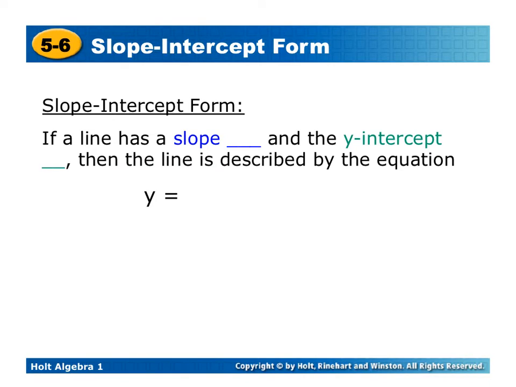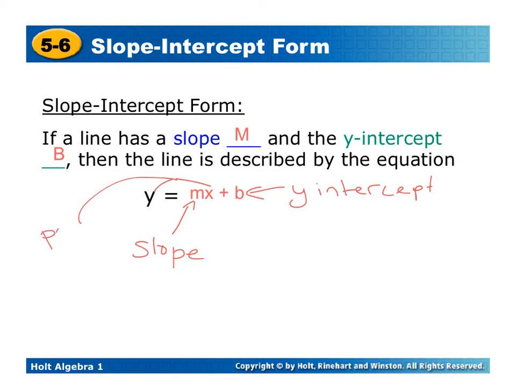If a line has a slope of m and the y-intercept b, then the line is described by the equation y equals mx plus b, where m is our slope, b is our y-intercept, and x and y represent a point on the line.